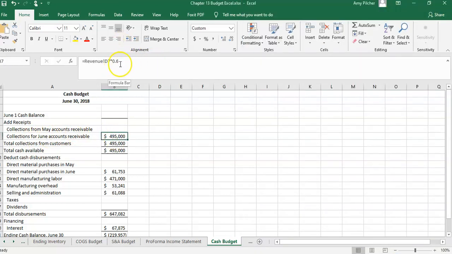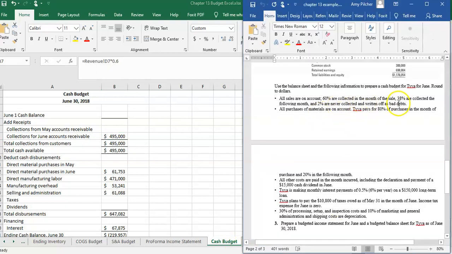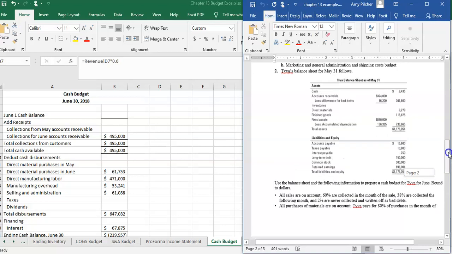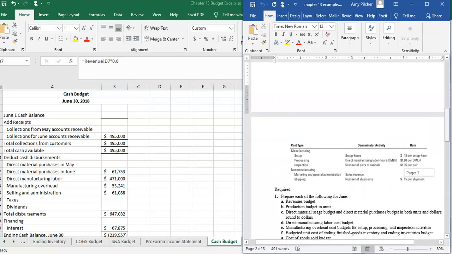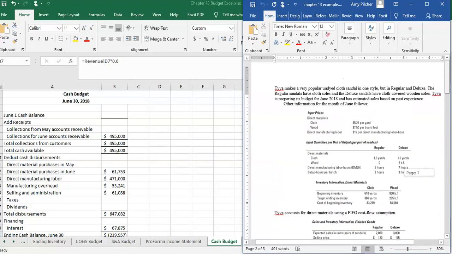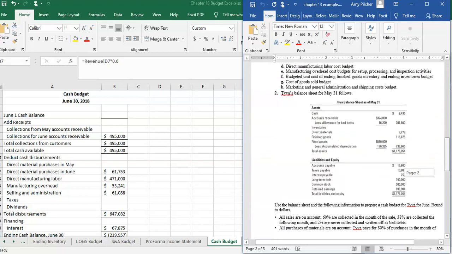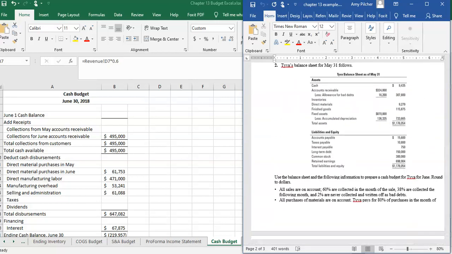So when we're looking at our collections from June accounts receivable, that's 60%. What we need to determine is what we're going to collect from May. So we have 38% are collected in the following month. We need to go look at our balance sheet and see how much we're going to collect off of that accounts receivable.